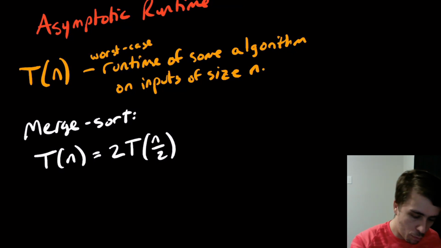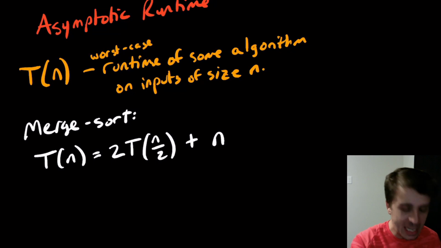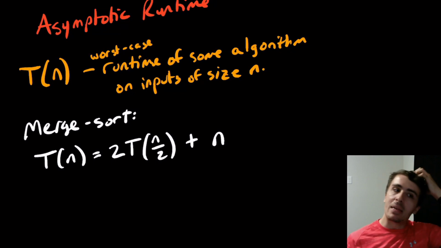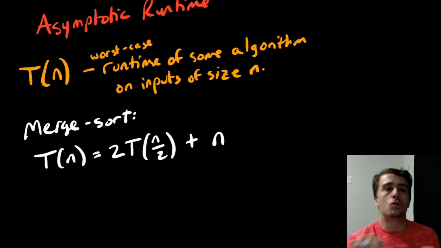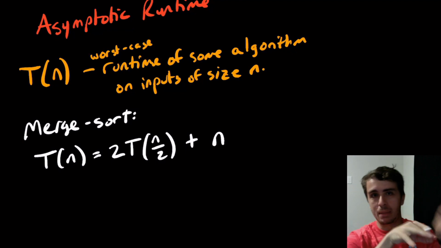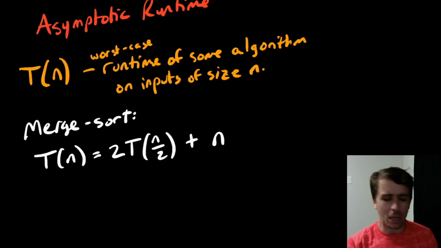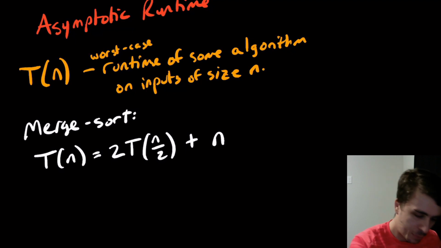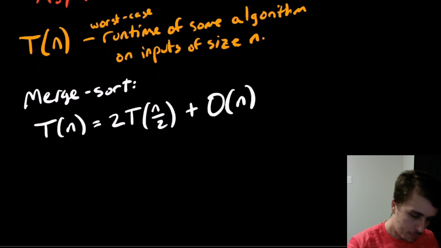So what we actually do is we can say plus n here, but the problem is that we may need to do some allocation of a new array to put all of the new elements into, and a bunch of other stuff. But I claim that it's going to be only a constant times n amount of work. So we actually will write here big O of n.